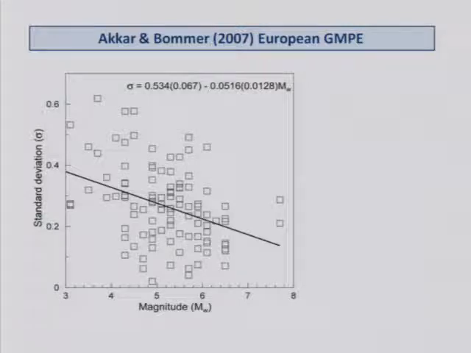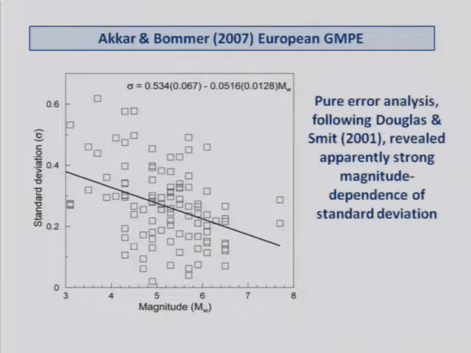And this is how we find it. We used something called pure error analysis. We bin the data, and you see here we find there is an apparent decrease in the sigma values as we go across to higher magnitudes. But the fact is we've since found that it's very sensitive to how we bin the data in terms of magnitude and distance groups.